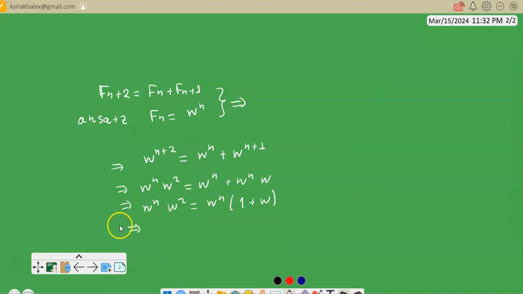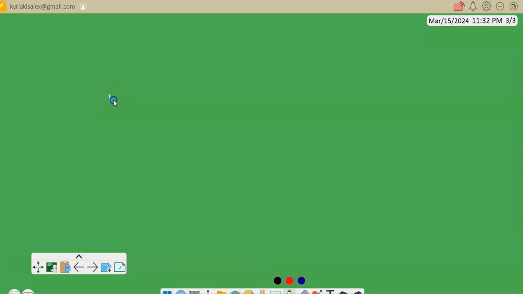We divide by w to the power of n, provided that it is not equal to 0, so we have w squared equals w plus 1. w squared minus w minus 1 is equal to 0.